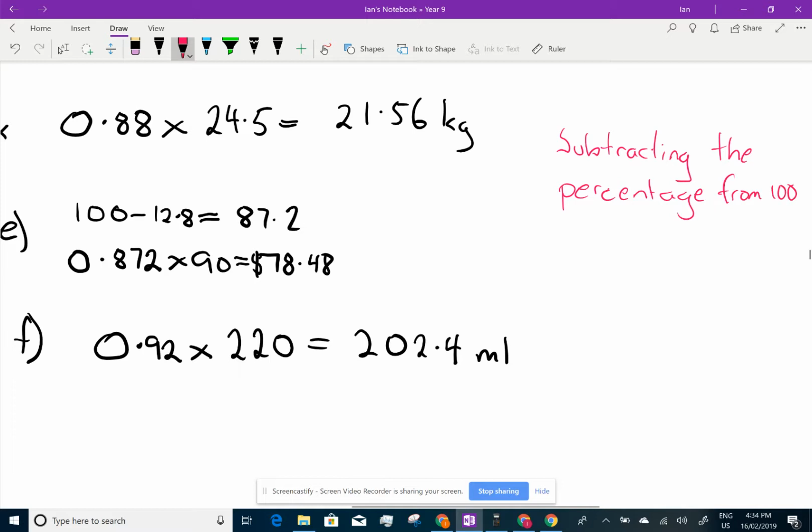You might need to use your calculator. It'd be good if you could do it in your head. Then writing as a decimal, which you need to be good at, and multiplying by the amount.